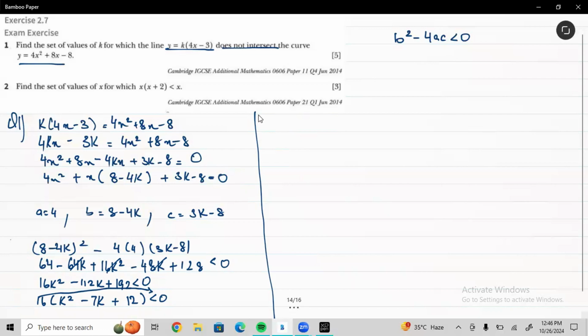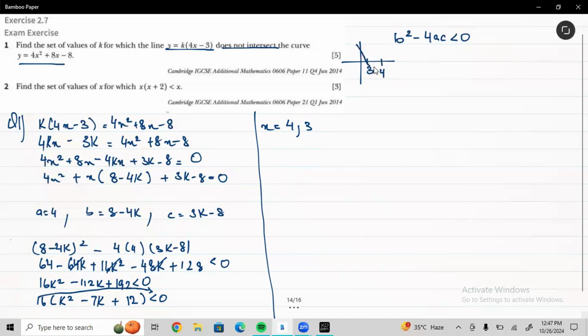So what I'm going to do is directly put this into my calculator. I've got k squared minus 7k plus 12 is equal to 0, and we are getting two values: x equals 4 and x equals 3. Now, for your ease, I'm going to draw a mini graph from point 3 till point 4.